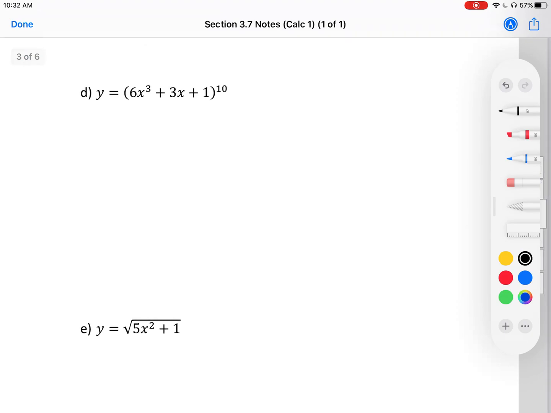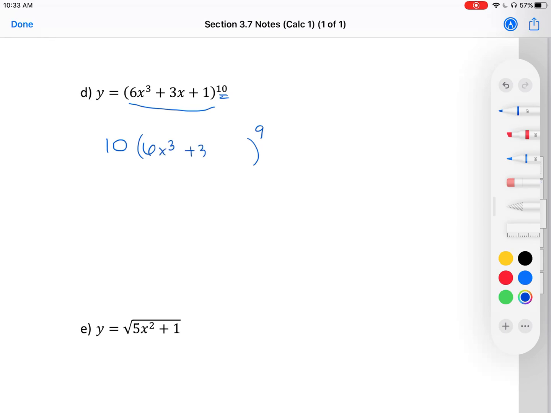D. y equals (6x cubed plus 3x plus 1) to an exponent of 10. So let's take the derivative of the outside. Let's take derivative of the exponent of parentheses, exponent 10. So let's bring the 10 forward. We have the same thing in the parentheses, and 10 minus 1 is 9.